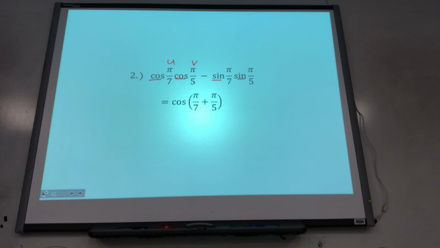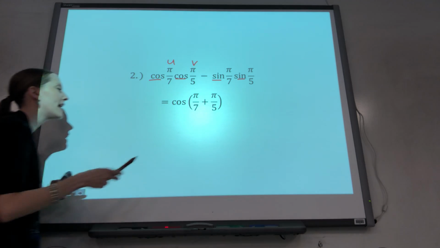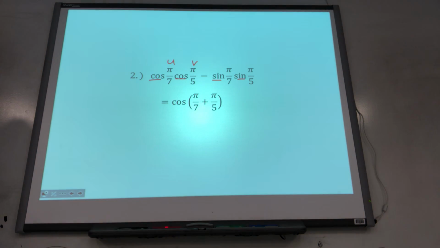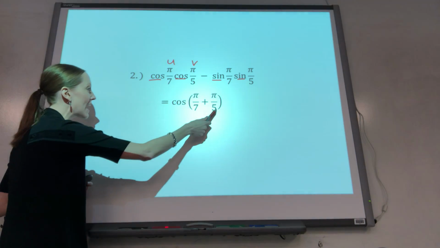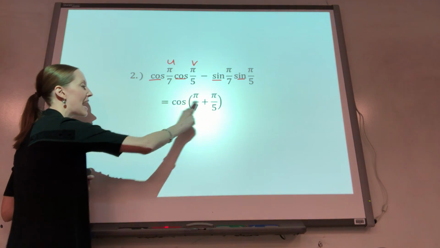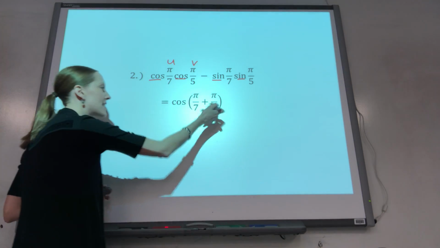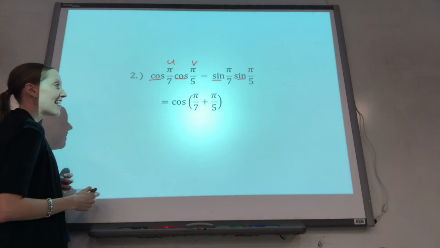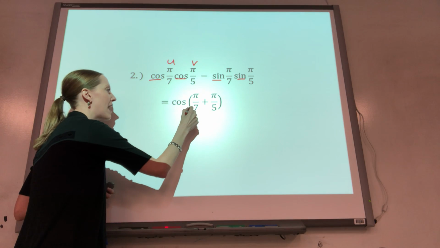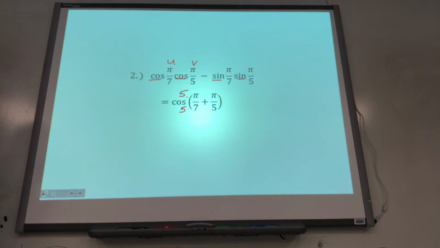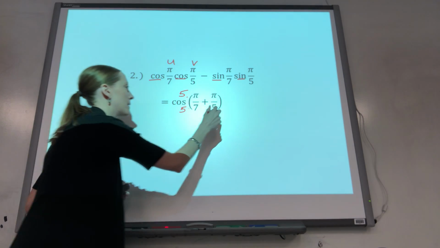Cosine is just kind of backwards. Okay, well I should add those numbers up because it needs to just be a single angle. Now these are fractions, and in order to add fractions, what do we need? Common denominators. I think the LCD is just 35, so I'll take that first fraction times 5 on top and bottom.